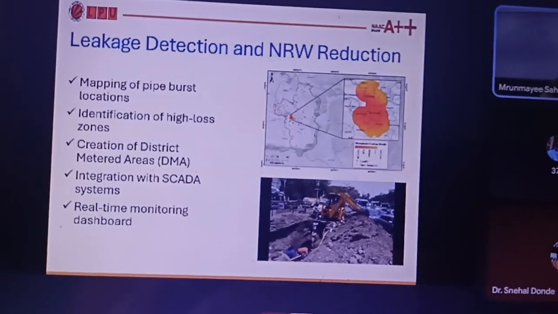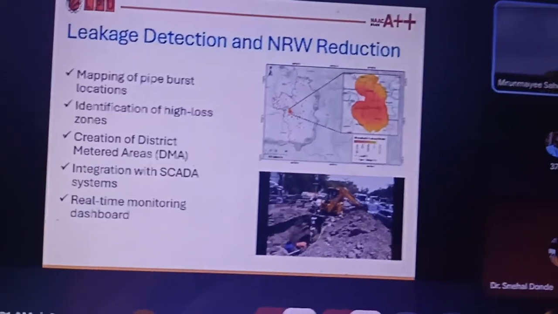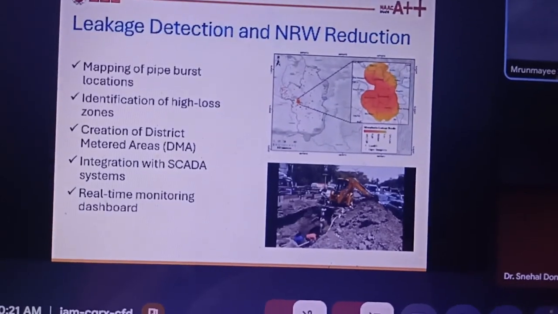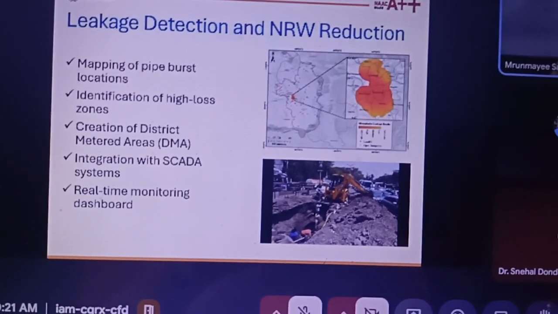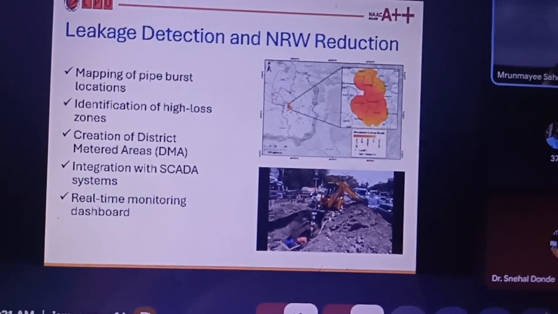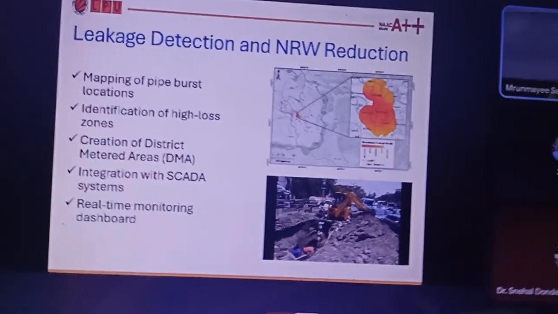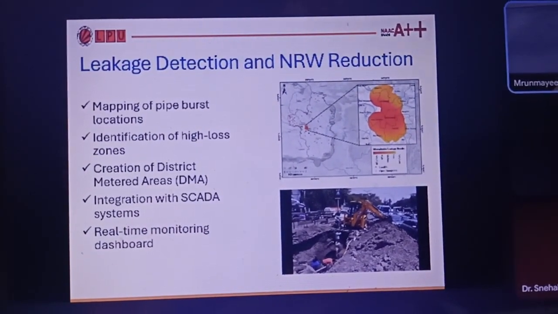As we are unable to create any kind of strict policies and rules for losses, non-revenue water means unbilled connections. So we are planning to implement these DMA zones. We'll make DMA zones first. I have proposed a project recently to DST.